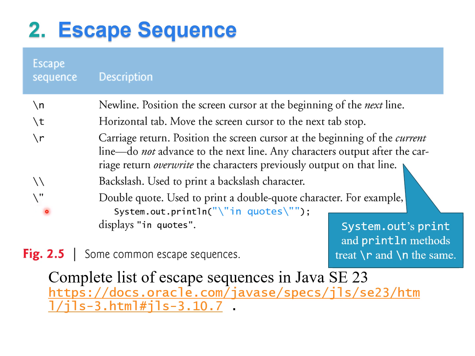For example, if you want to display this string with the double quotes, you will need to write backslash followed by a double quote instead of just the double quote within the string argument to the println or print methods. The complete list of escape sequences in Java SE 23 edition can be found at this webpage.